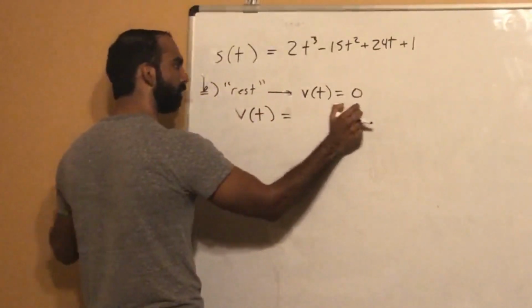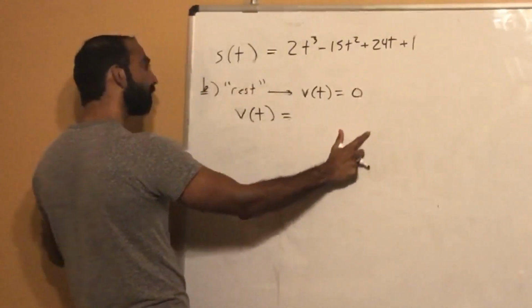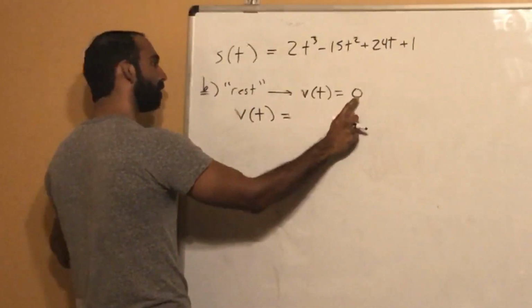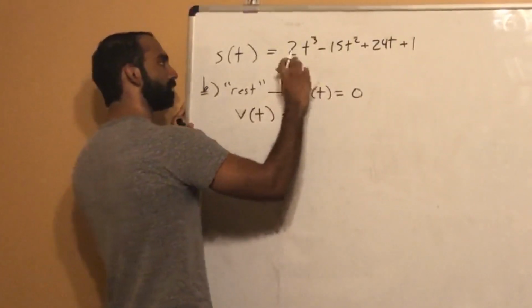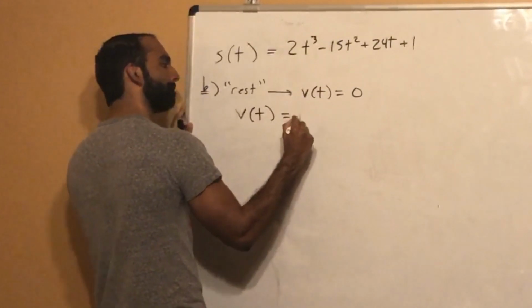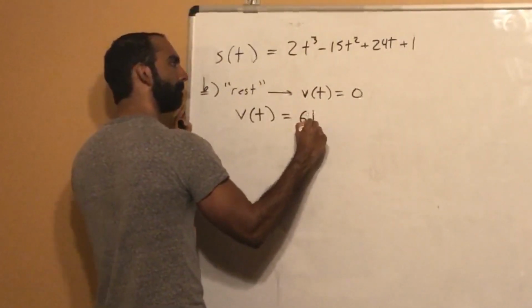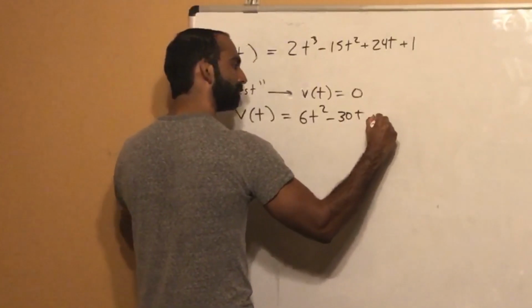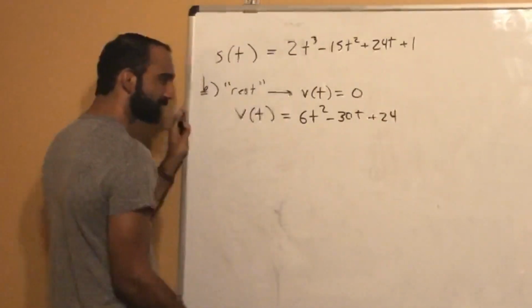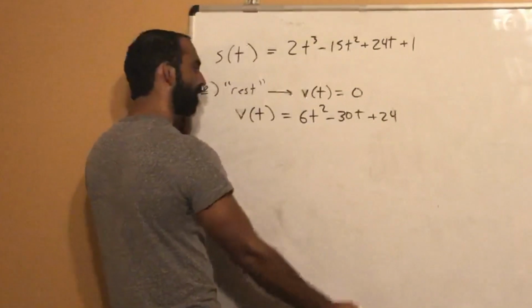I need to set what equal to 0? The first derivative of the position. Yes, velocity is the first derivative, which ends up being 6t squared minus 30t plus 24. So 6, negative 30, 24.